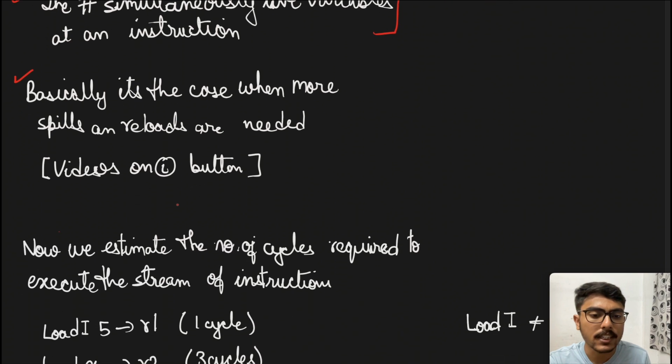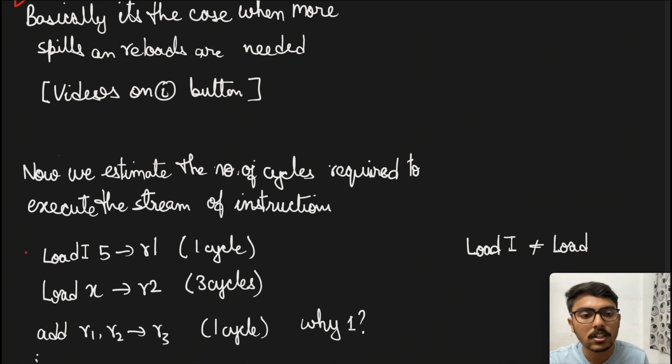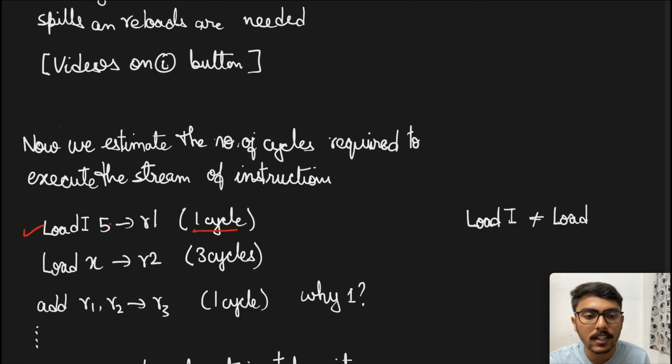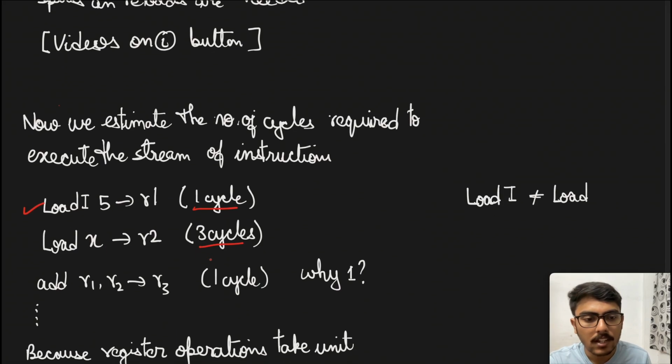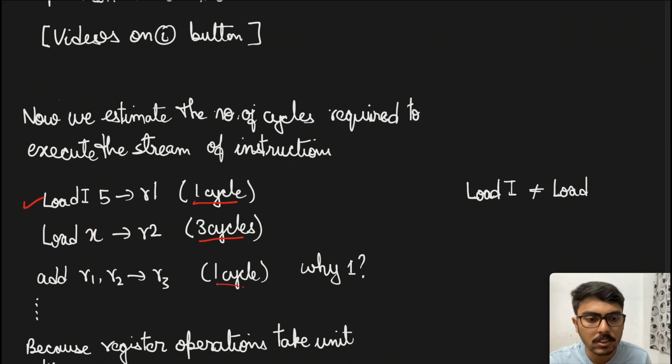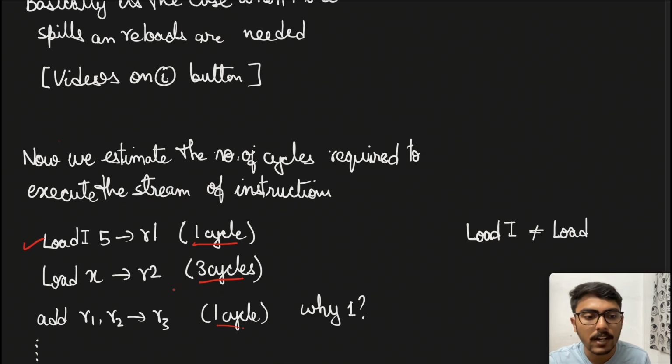In our case, the first instruction is load immediate, so it will require 1 cycle. Then we have load X, which requires 3 cycles. Then we have other instructions, which is basically add. Suppose we take an example of add R1 and R2, and the result goes to register R3.